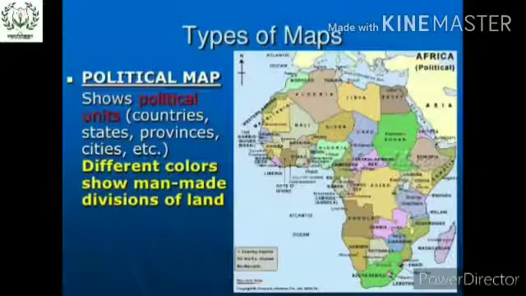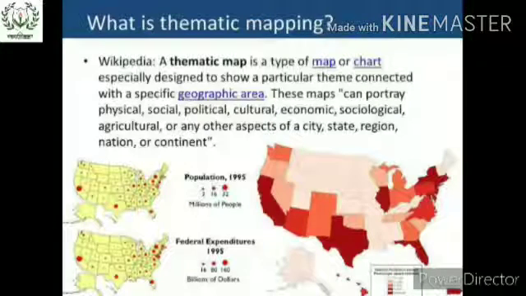A political map shows political units. That means the countries, states, provinces, cities, etc. A thematic map is a type of map or chart especially designed to show a particular theme connected with a specific geographic area.